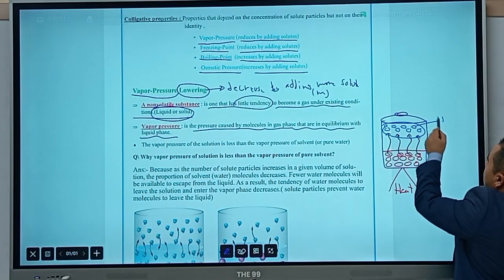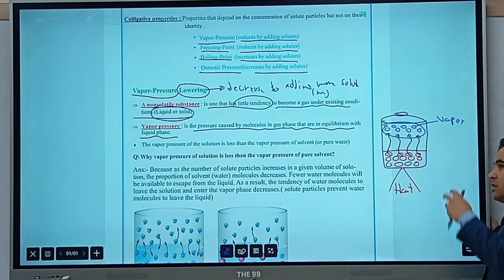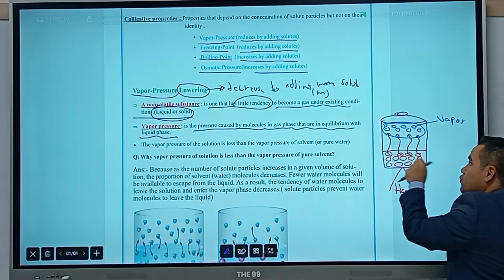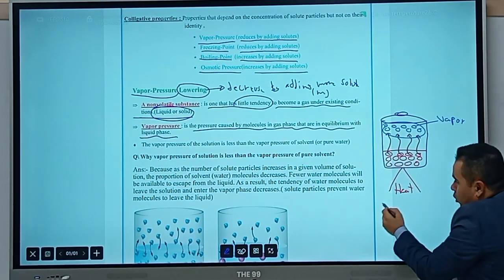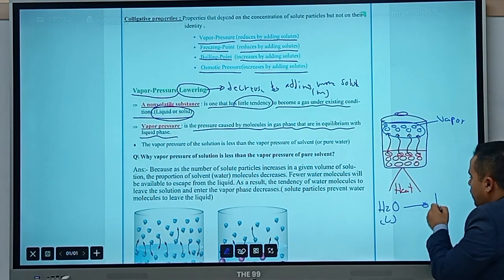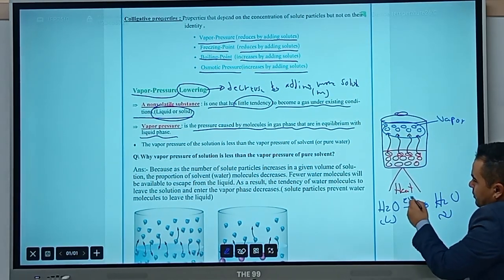And this vapor, guys, when it collects on the surface of a solution or a solvent, the process of evaporating H2O liquid to H2O gas we call evaporation.